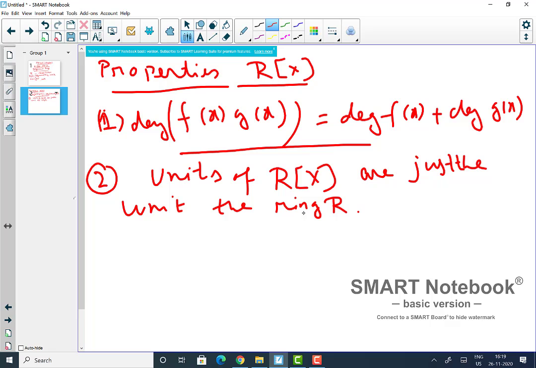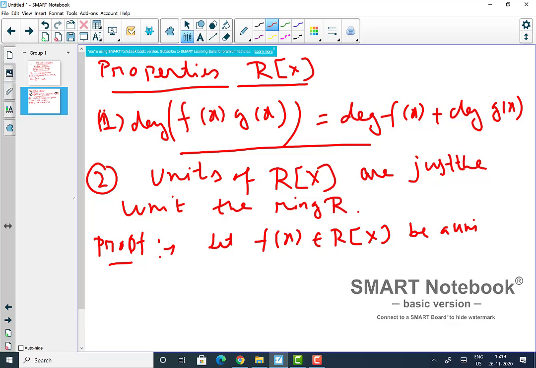So how to prove this kind of statement? Let f(x) belong to R[x] be a unit in R[x].